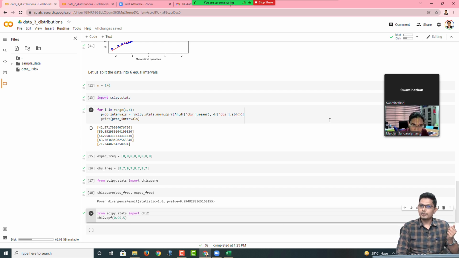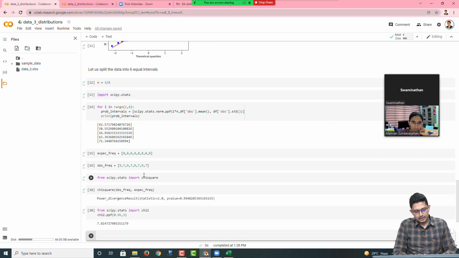So let's also confirm this using the calculated value and tabulated value of the chi-square statistic. As you all know, the calculated value of the chi-square statistic is 1.0. What should be the tabulated value of the chi-square statistic? Should it be greater or lesser? That's up to you.